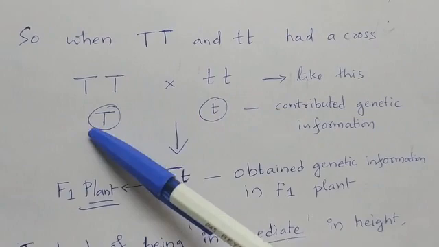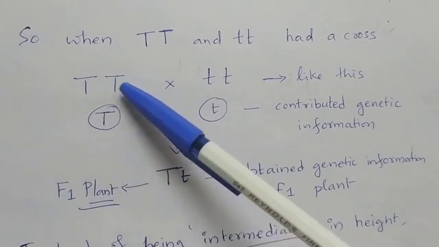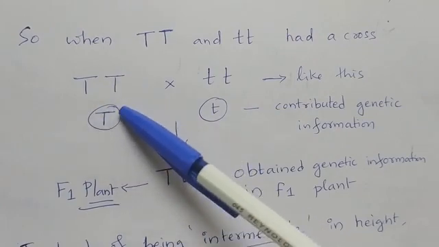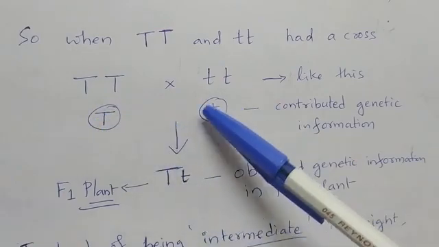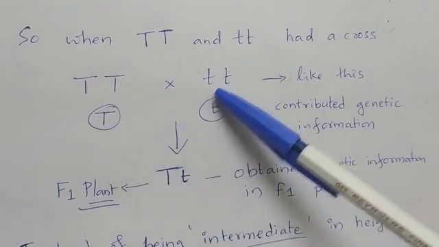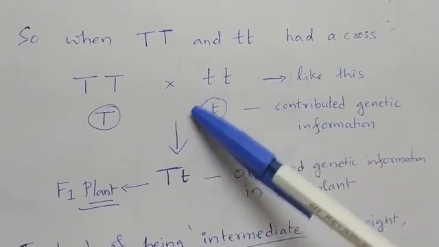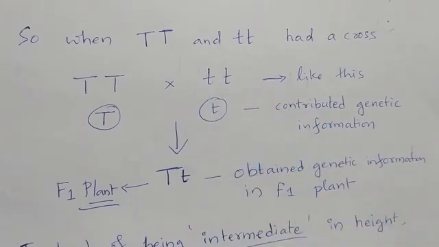The genetic information from the capital T plant is only one capital T, and the genetic information from the small t plant is only one small t. Because we know that during sexual reproduction, only half the amount of genetic information is contributed, right?